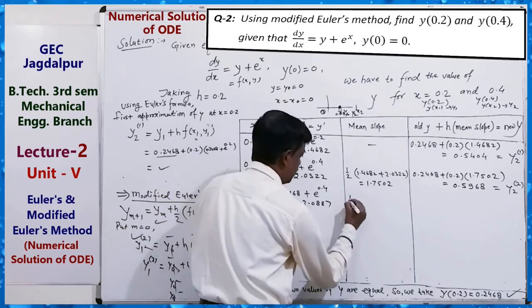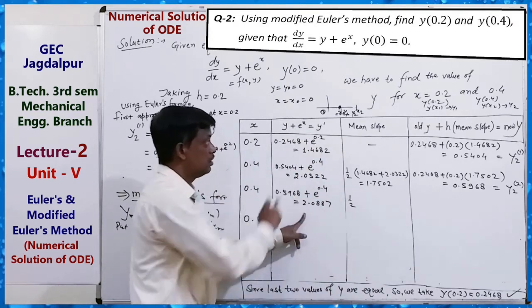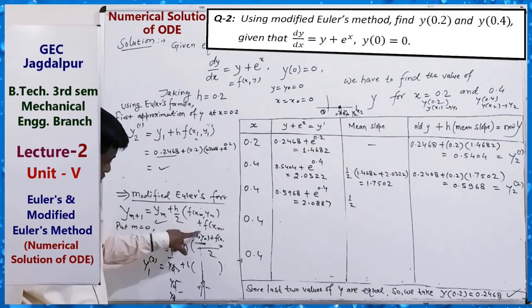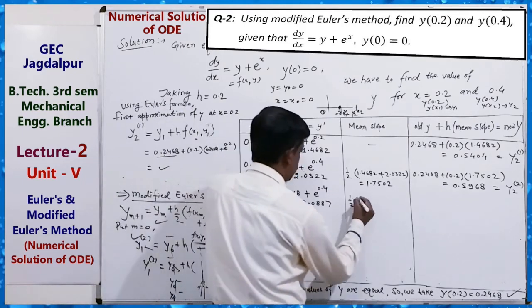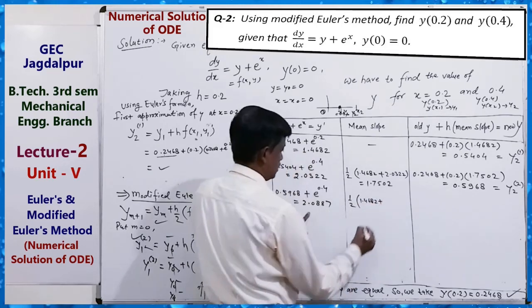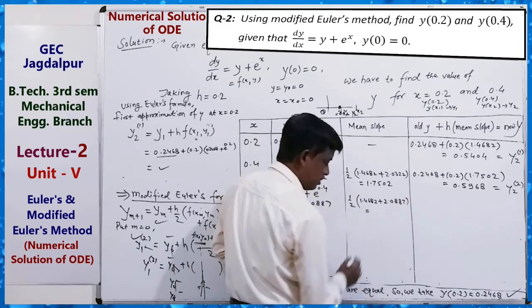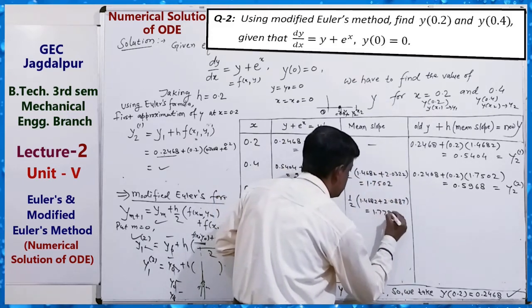And here, this plus this by 2, because this continues. Previous slope will continue, 1, 1, 1, 1. So this 1.4682 plus this 2.0887. This can be calculated: 1.7784.